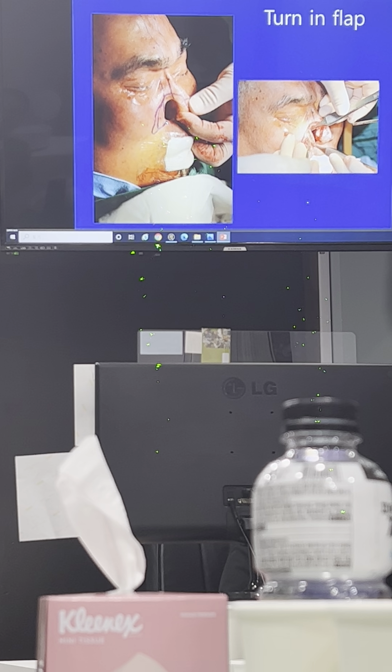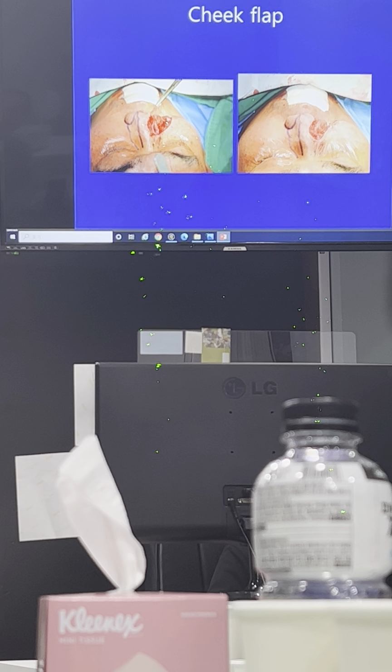This flap is from the dorsum. I cover the defect using skin, rotated lateral to medial like this. So inside, not mucosa, skin. I reconstruct the internal lining, the mucosa, using skin. This is from the cheek. This is from the dorsum.